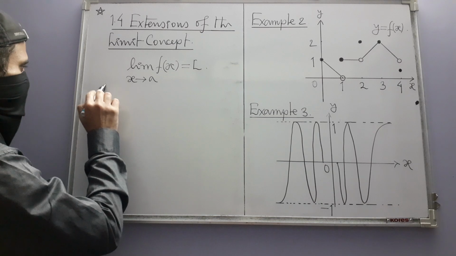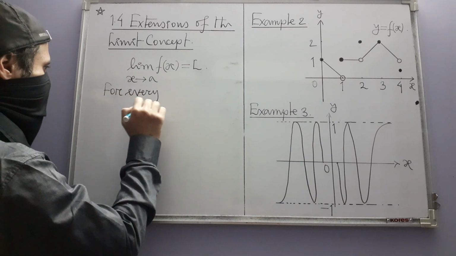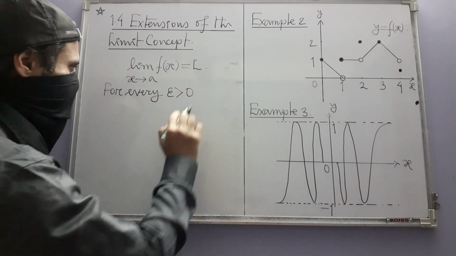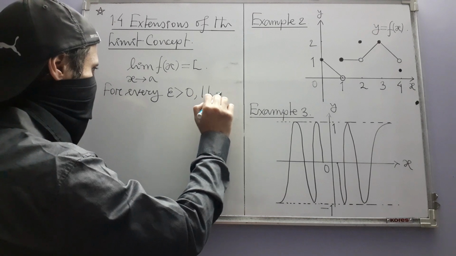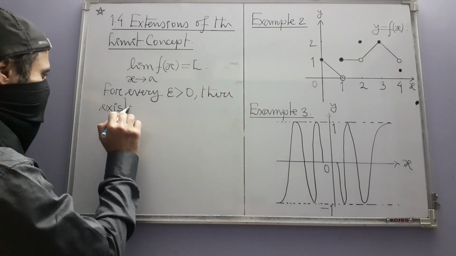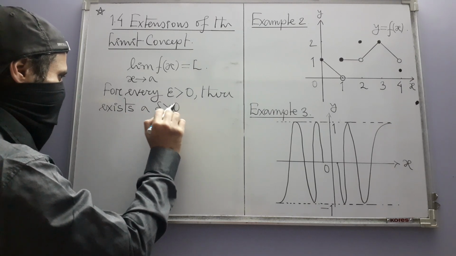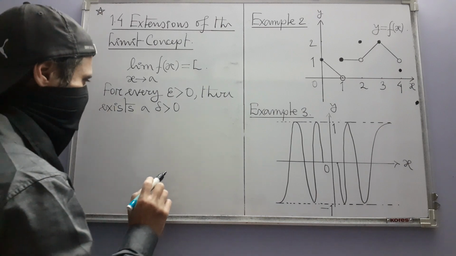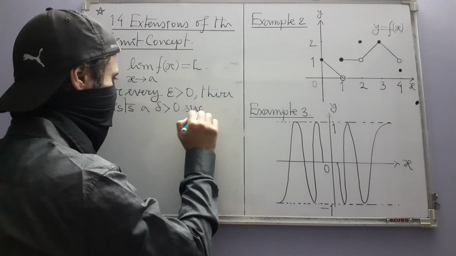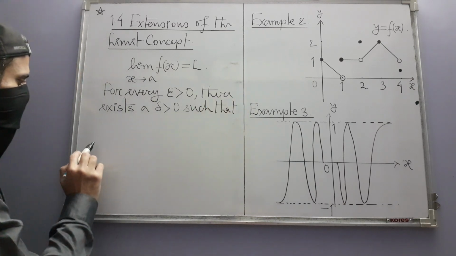By this we mean for every positive real number epsilon, there exists a, again, positive real number delta depending on epsilon. It may or may not be epsilon itself, such that this implication is true.